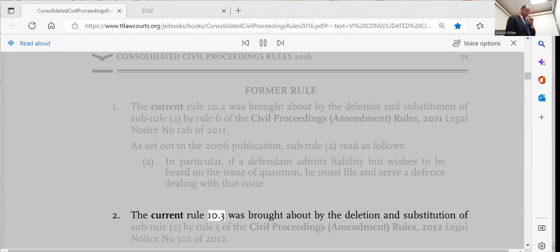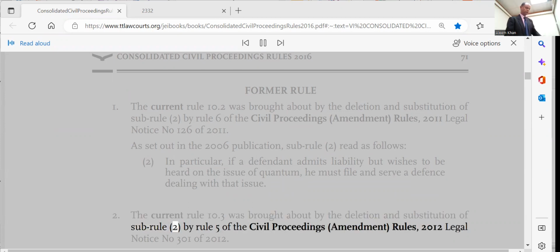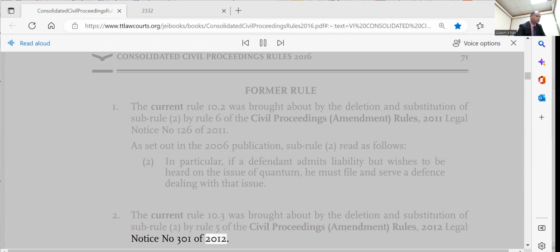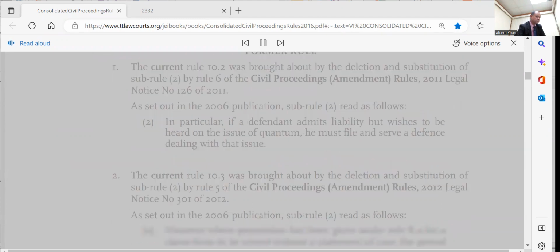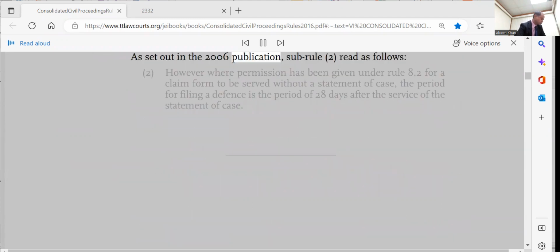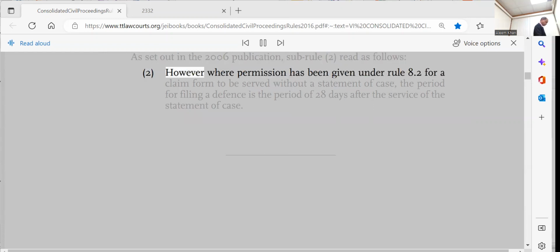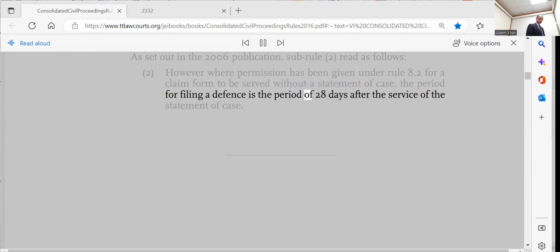The current Rule 10.3 was brought about by the deletion and substitution of Subrule 2 by Rule 5 of the Civil Proceedings Amendment Rules, 2012, Legal Notice No. 301 of 2012. As set out in the 2006 publication, Subrule 2 read as follows. 2. However, where permission has been given under Rule 8.2 for a claim form to be served without a statement of case, the period for filing a defense is the period of 28 days after the service of the statement of case.